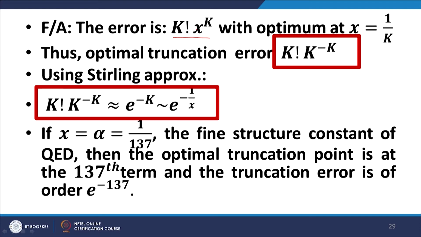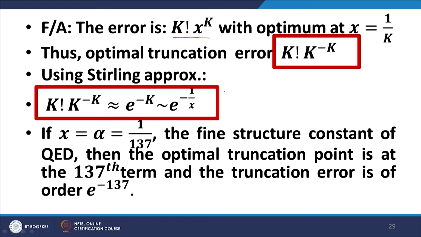Recall, this is the kth term, which immediately follows the truncation. Now, if we use the Stirling approximation, apart from a factor of square root of 2 pi k, the expression k factorial k to the power minus k is of the order of e to the power minus k, that is, of the order of e to the power minus 1 upon x.